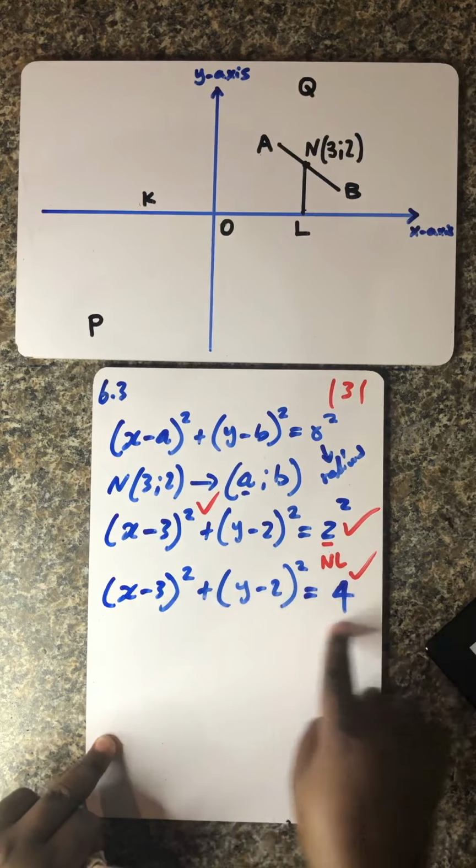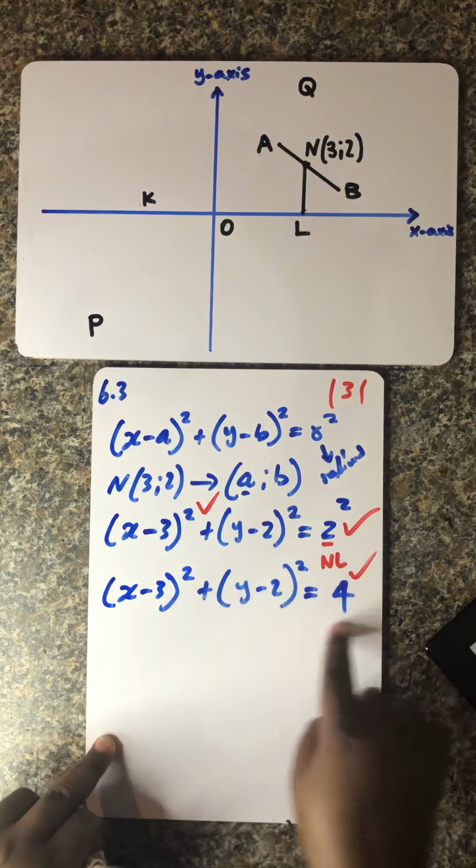Okay, so in answering the question, ladies and gentlemen, let me just say the length of KL is actually equal to the length from the origin to K, which is OK, plus the origin to L, which is OL.